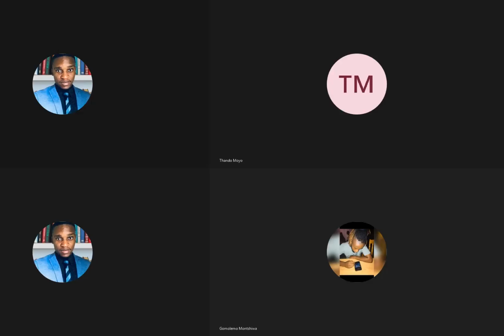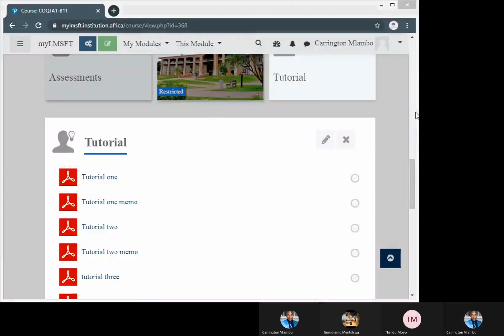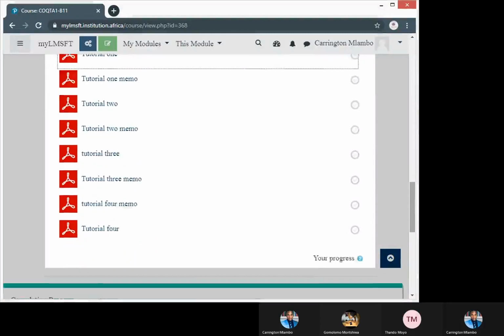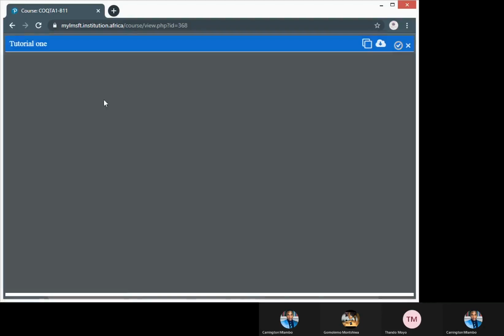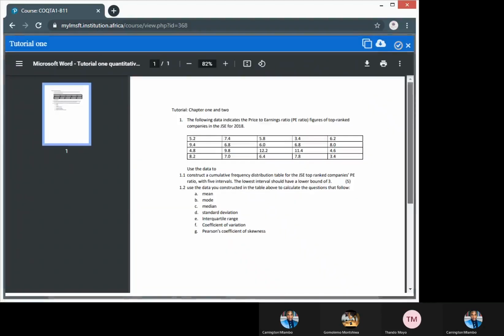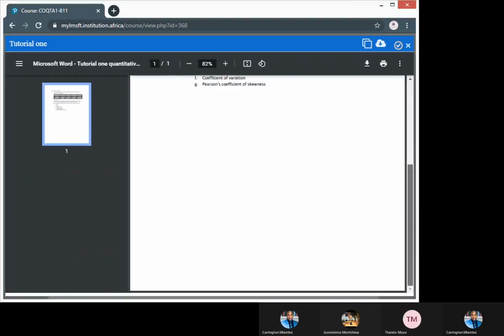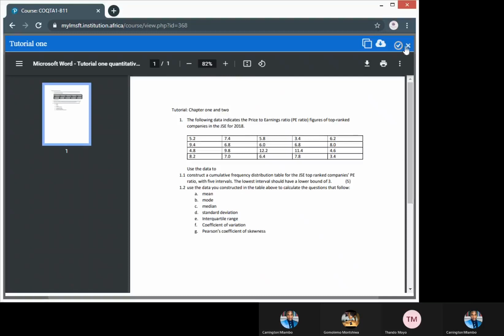But some of you say we didn't see it. Right. There is this screen that you are seeing here, guys. This screen. Tutorial 1 in the solution. If you don't do these things, you're not going to pass. I'm telling you. You see, calculate your mean, mode, median, standard deviation. Do this. You have to first construct what?